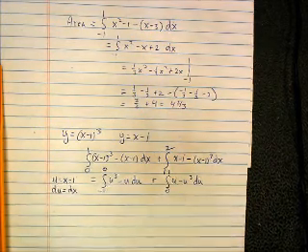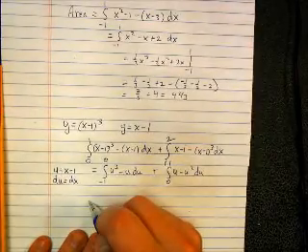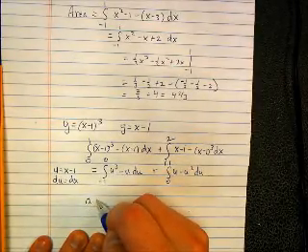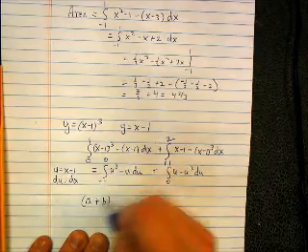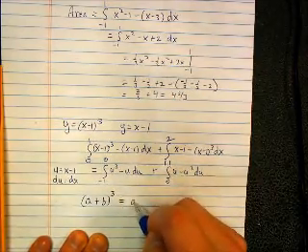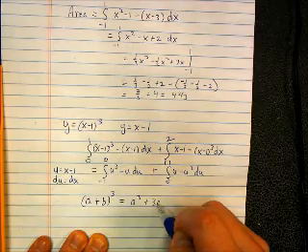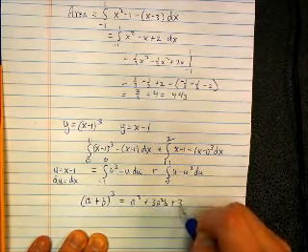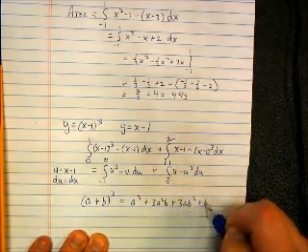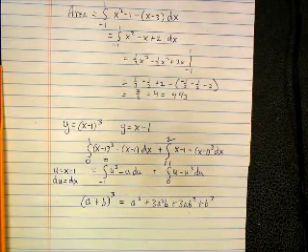Okay. Now, here was the other option. If you have (a + b) cubed, the formula is a cubed plus 3a squared b plus 3ab squared plus b cubed. It comes from Pascal's triangle.